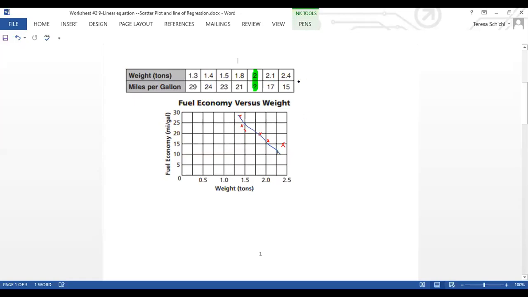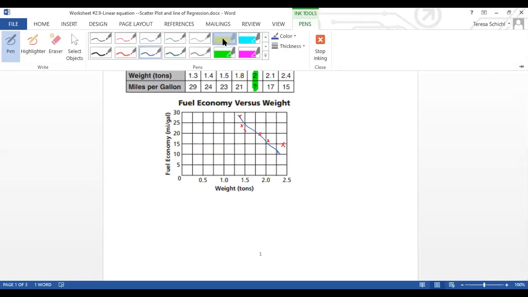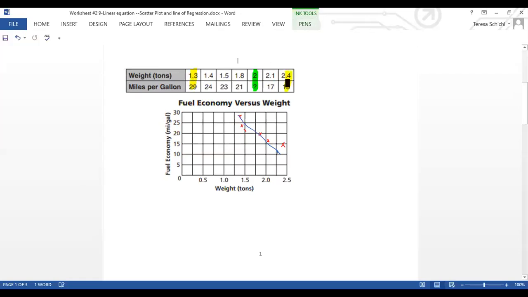Then the problem says choose any 2 points and get the line. I typically like to choose the first pair and the last pair here.